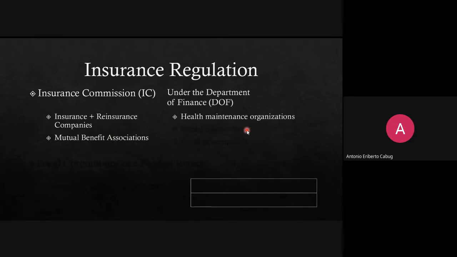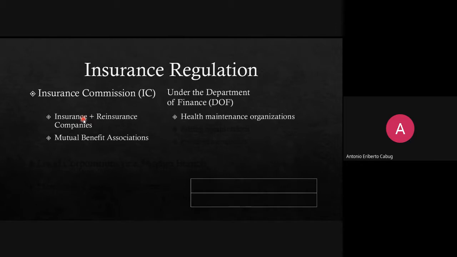Health maintenance organizations, in short, HMO. So these are your health cards. MaxiCare, IntelliCare, yung mga may care, no? They're usually labeled with the care, health maintenance organizations. So they are also under the insurance commission, no?